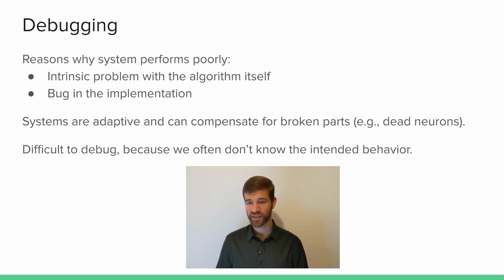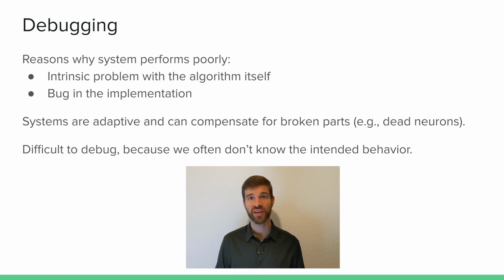So one of the unfortunate things actually with neural networks is that systems are adaptive and they can compensate a lot of human errors. So even if you throw a bunch of garbage in there and kind of play around with non-ideal hyperparameters, you can still get some actually good output results there.